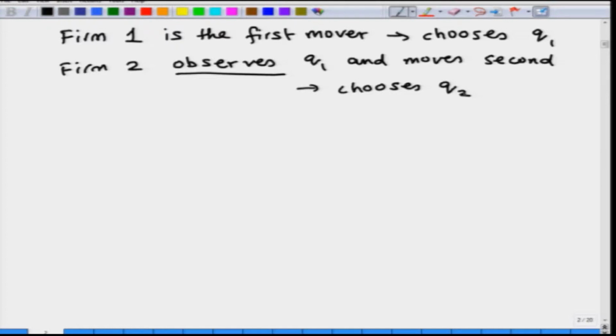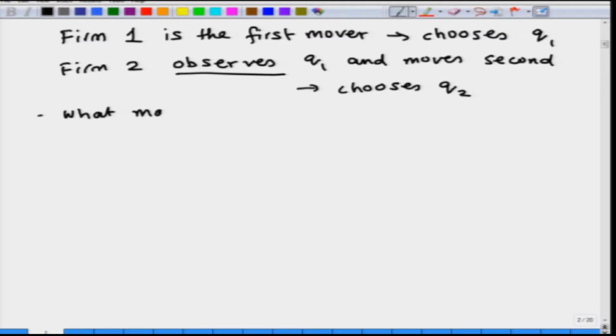Well, what makes the game sequential is not just the fact that firm 2 moves after the output chosen by firm 1 happens, which is true, right. So, firm 1 moves first and firm 2 observes Q1 and then chooses Q2. That in itself does not make it sequential, that is just a statement of the timing. What makes the game sequential is that firm 1 chooses the Q1, firm 2 observes Q1 and then chooses Q2, and then firm 1 knows that this is what is going to be the case, right.